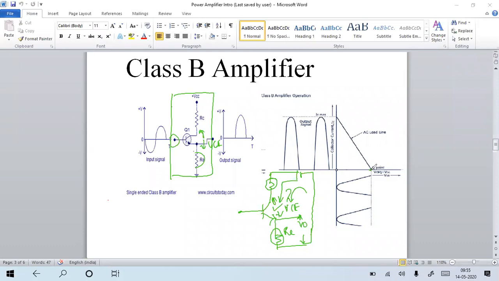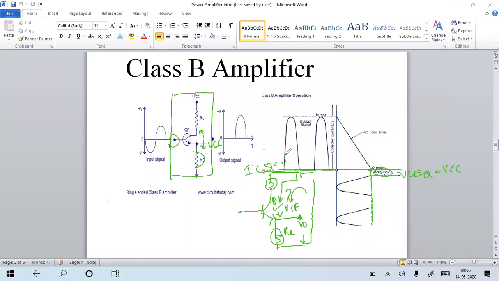So at the cutoff region, your operating voltage, that is VCEQ, is VCC. What about your current? In the cutoff region, your ICQ equals 0. Output current is 0, because you are not providing any DC bias signal at the base side.